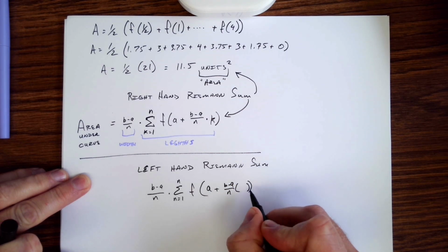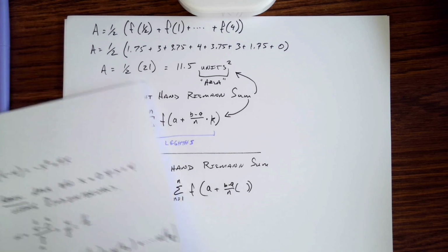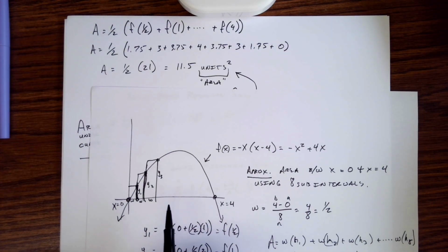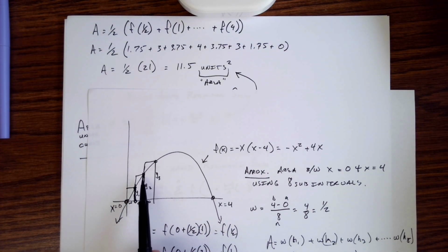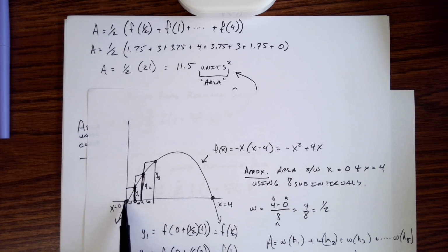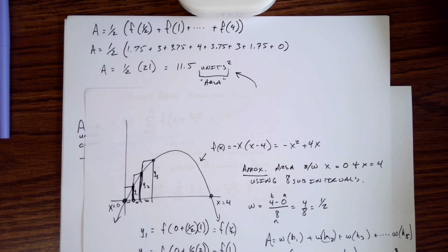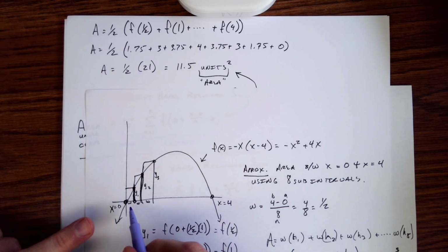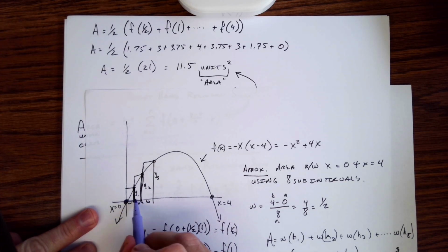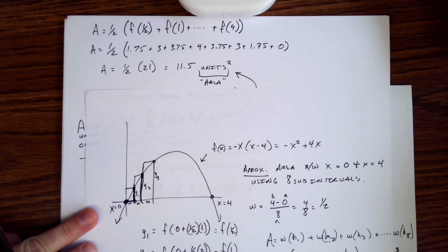But in this instance, and this is a piece you have to conceptualize a little bit, think about what we're doing in that case. Instead of starting right here where we're going one width over, we would want to start here at 0. So instead of this being a 1, what would that be? Well, if we're starting here, that first rectangle has no height whatsoever.